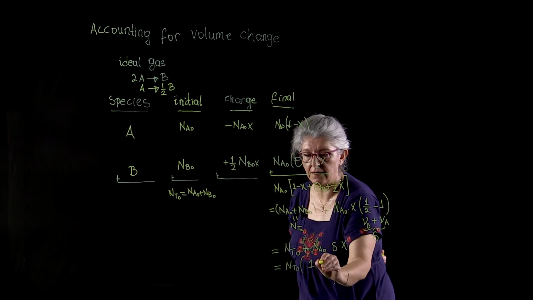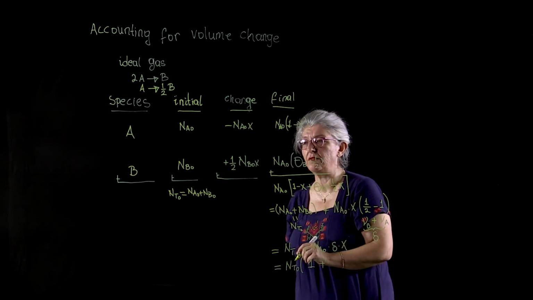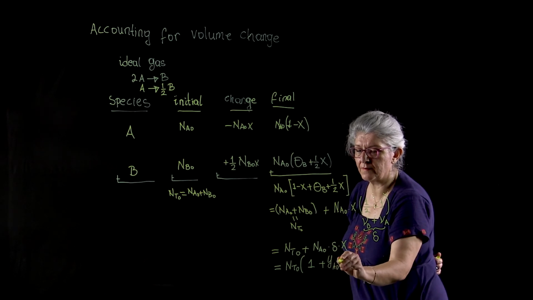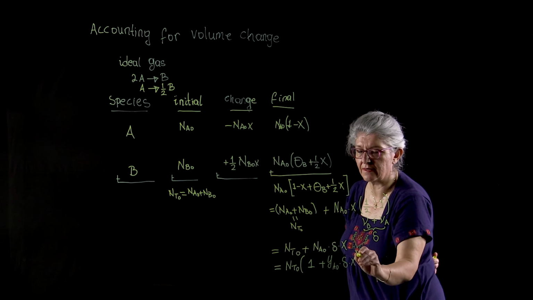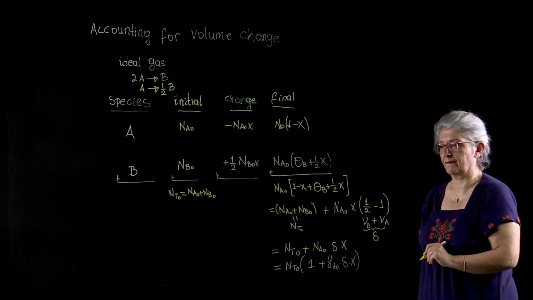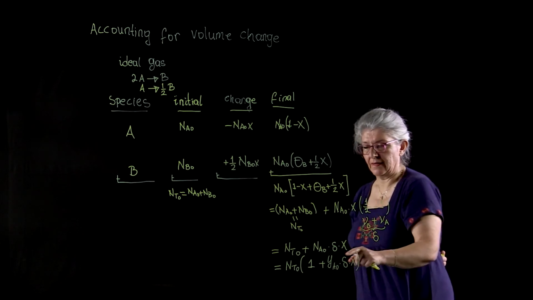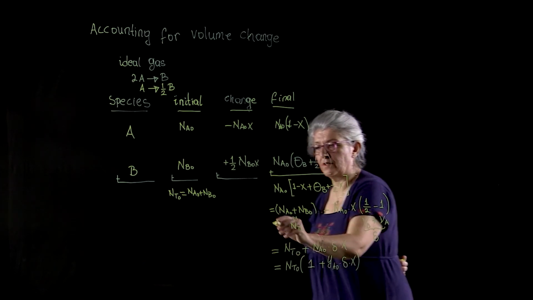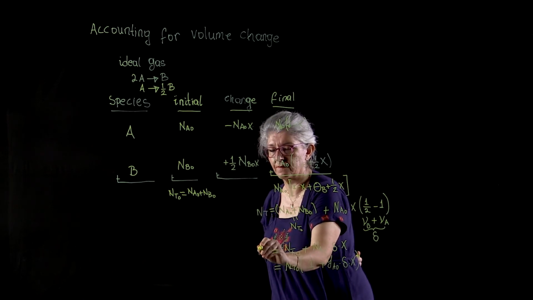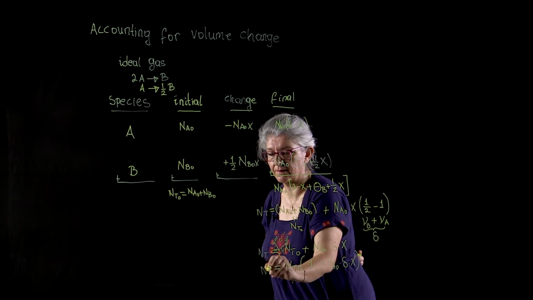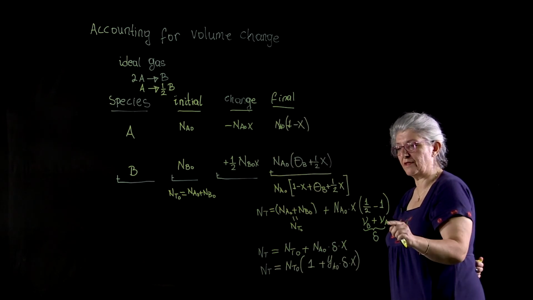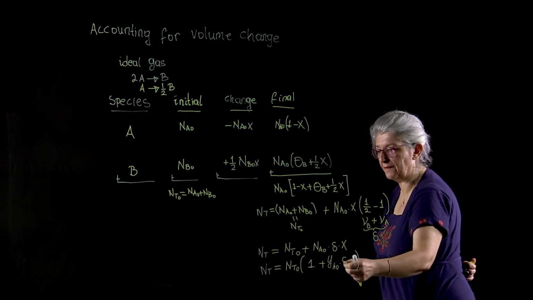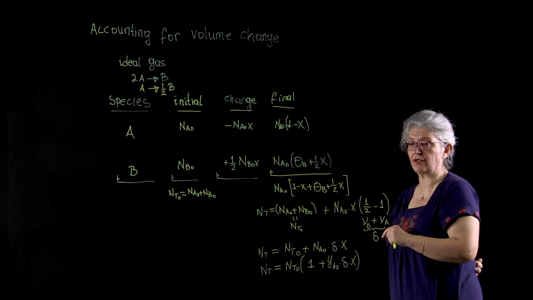This is going to be 1 plus N_A0 over N_T0, which is the initial mole fraction of A, I will indicate that as y_A0, times delta times X. And as you can see, if delta is positive, N total is going to be larger than initial N total 0, and if delta is negative, N total will be smaller than N total 0.